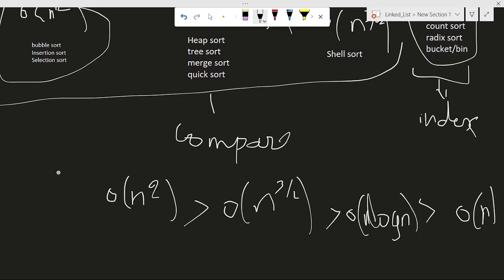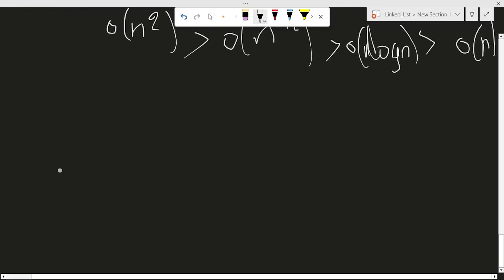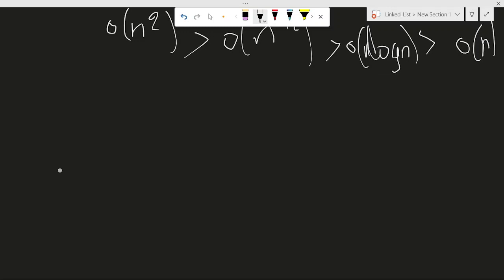So this is about the basics of sorting techniques. And again, regarding sorting techniques, I will be discussing some of the criteria that decide which is efficient and which is not efficient. The first criteria I'm going to discuss is adaptation, that means how adaptive the sorting technique is.